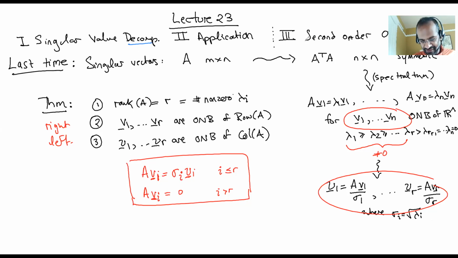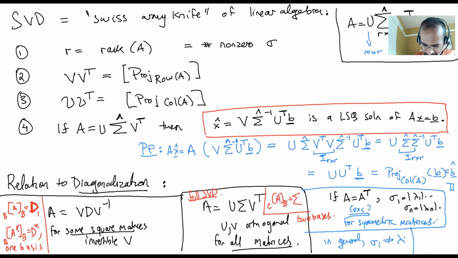The sigma i's are fundamentally related to A transpose A, whereas lambda i's only make sense for square matrices and are related to A. And this kind of hints at the answer to Sandra's question, right? For symmetric matrices, A transpose is just A. So A transpose A is just A squared, right? Oh, okay. Yeah. Okay, thank you.